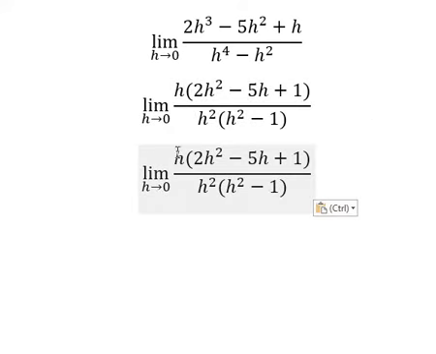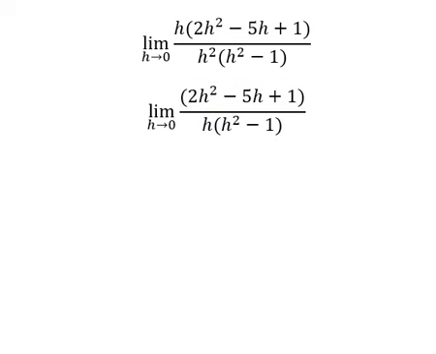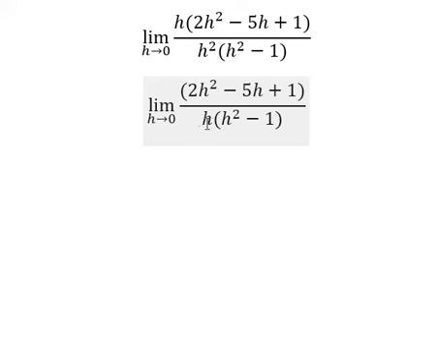We simplify by h and h. We know that because we still have h in here, you get 0 in here. So we need to consider the limit on the left and the limit on the right.